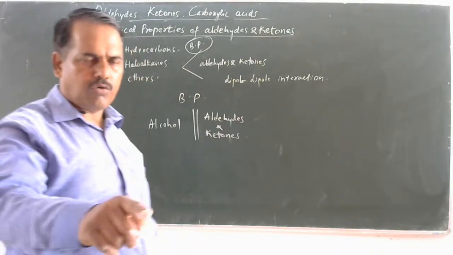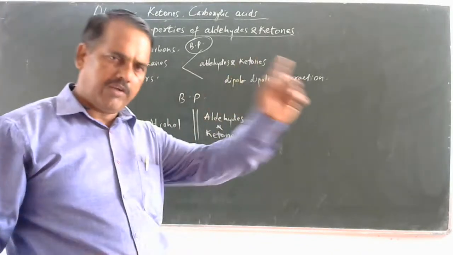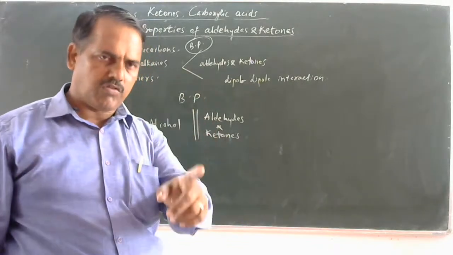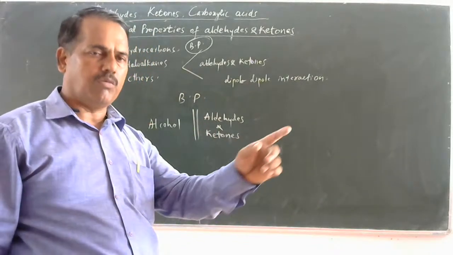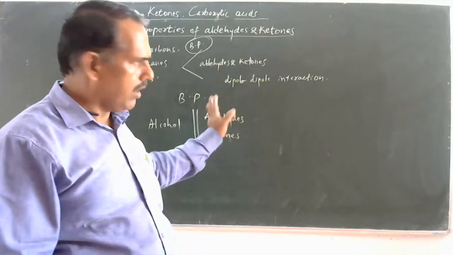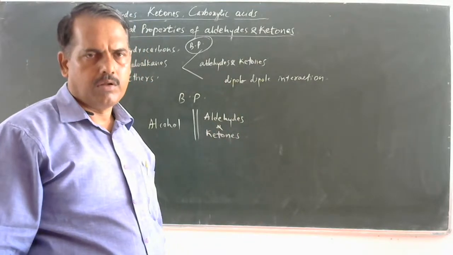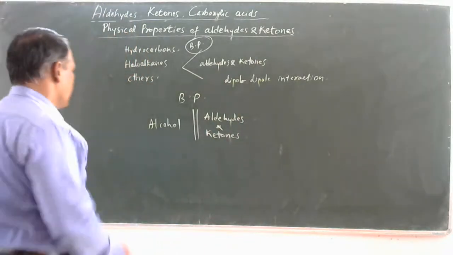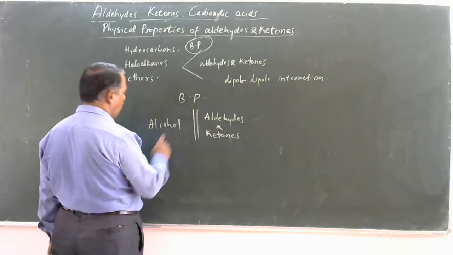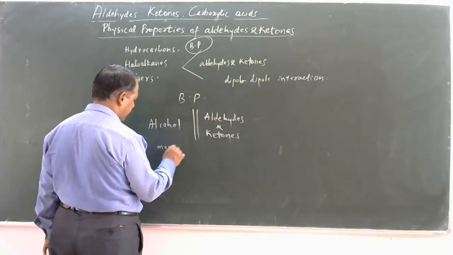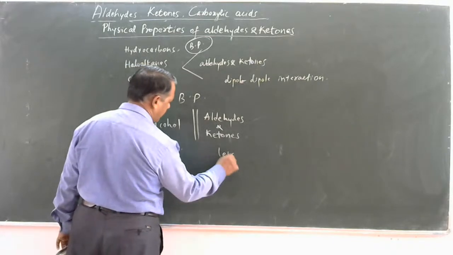See, alcohol shows higher boiling point than aldehydes and ketones due to the presence of intermolecular hydrogen bond in alcohols. Are you clear? See, alcohol shows more boiling point, and here it is less.